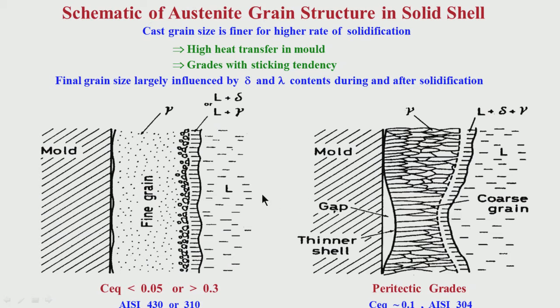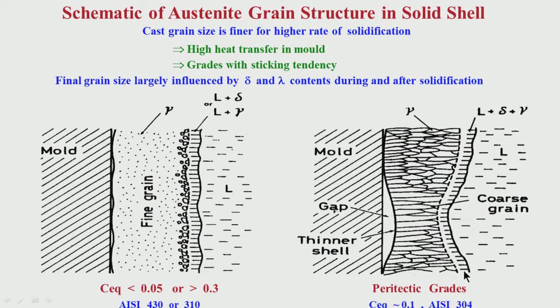But what is important to see here is that for carbon equivalent very low, less than 0.1, or high, more than say 0.25 or 0.3, you have a relatively fine grain cast structure. Similar is the case for ferritic 430 or totally austenitic 310 stainless steel.